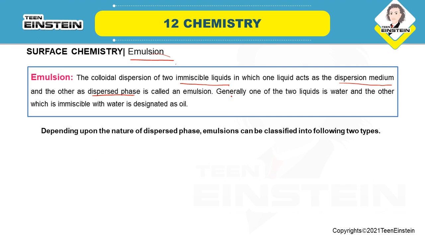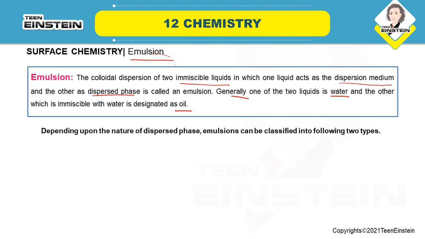Now generally, in most of the cases, it is observed that one of the two liquids is water and the other, which is immiscible with water, is designated as oil.